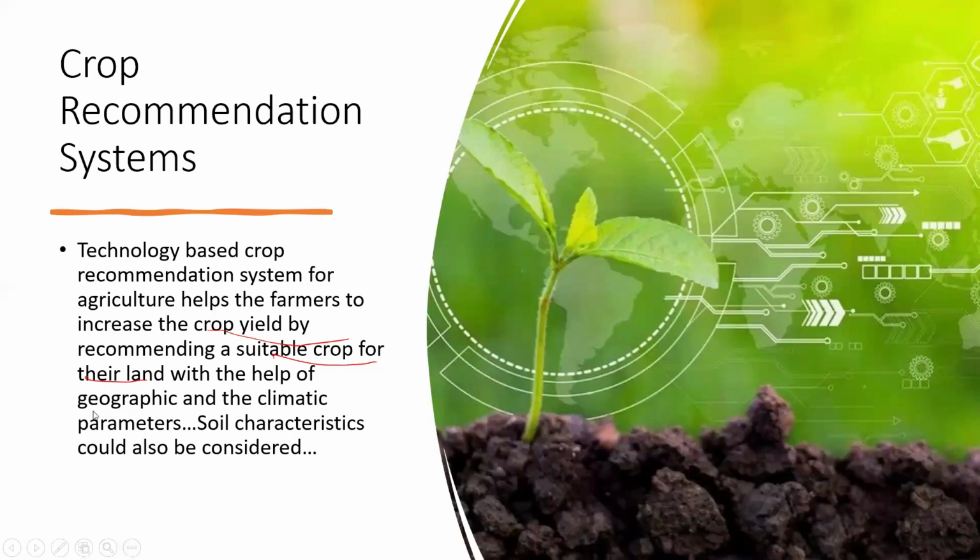When you run enough machine learning modeling, you will be able to know which plant is suitable for this land. Bearing in mind the geographical information, the climatic parameters, and soil characteristics, all these put together can be used to ensure that we have a very effective crop recommendation system.